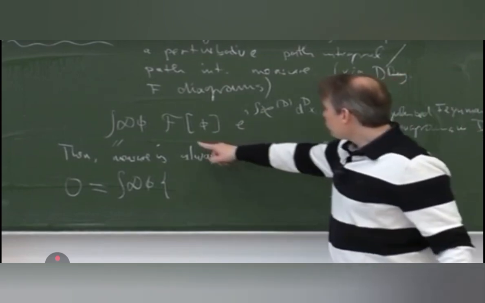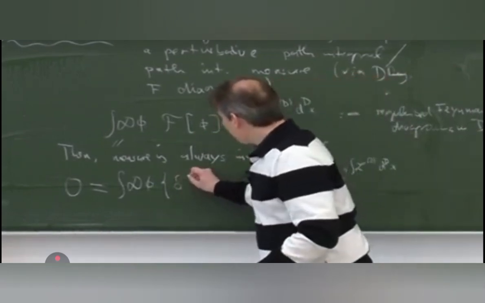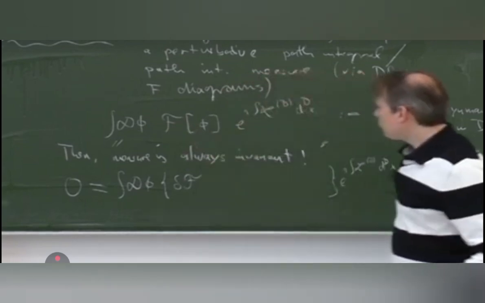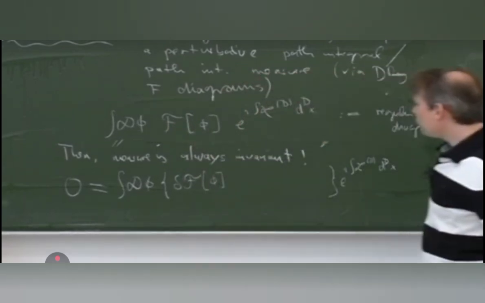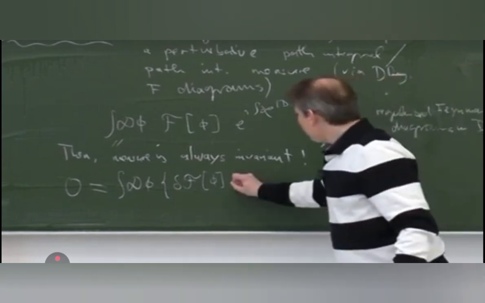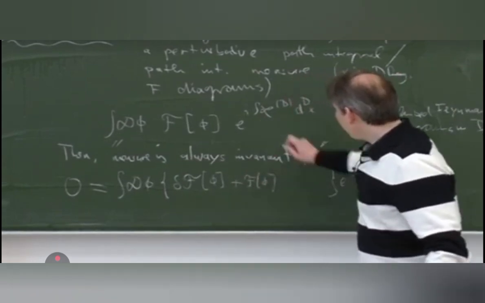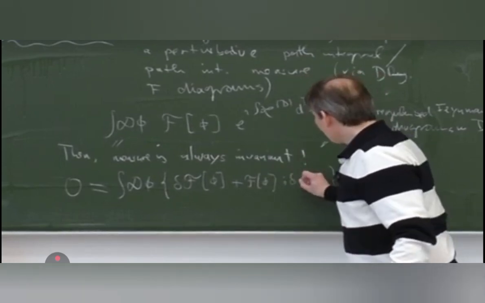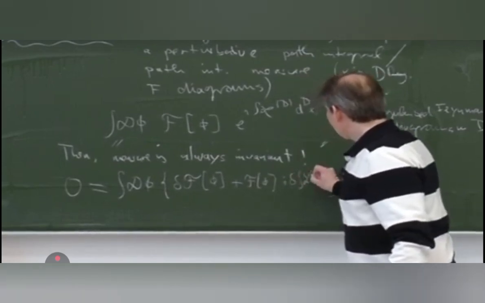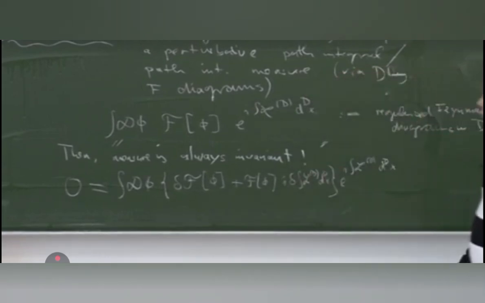You get two variations. Once you get the variation delta F of this functional at first order in the field variations, plus you get the same functional times the variation of the action, delta L in d dimensions.